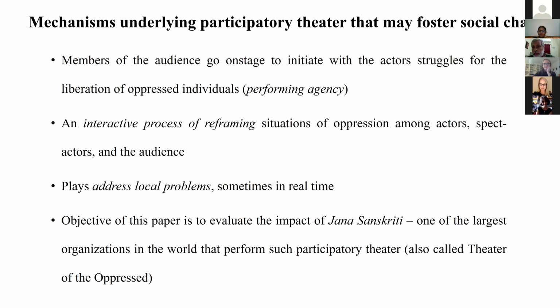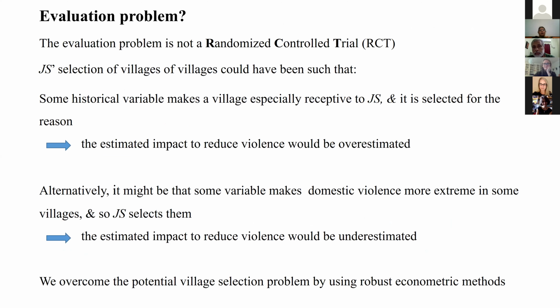Before I go on to the context in which I do the evaluation and the results from the paper, let me spend a moment to talk about the evaluation problem at hand. Recognize that the evaluation problem is not a randomized controlled trial. So in some senses, there could be some endogeneity in the choice of the villages. The JS could have chosen the villages who are more prone to accepting the message portrayed to them through their plays.